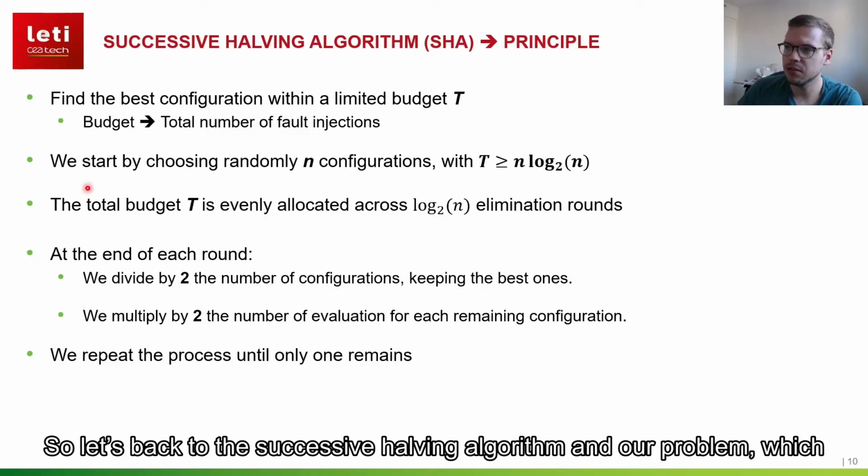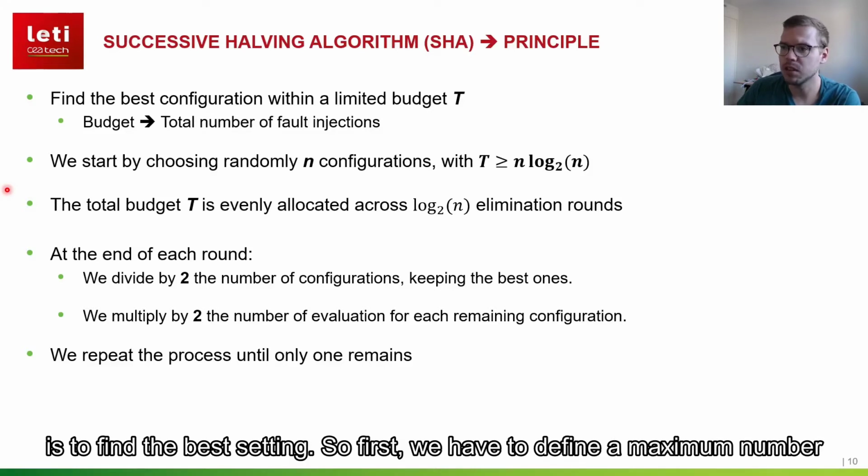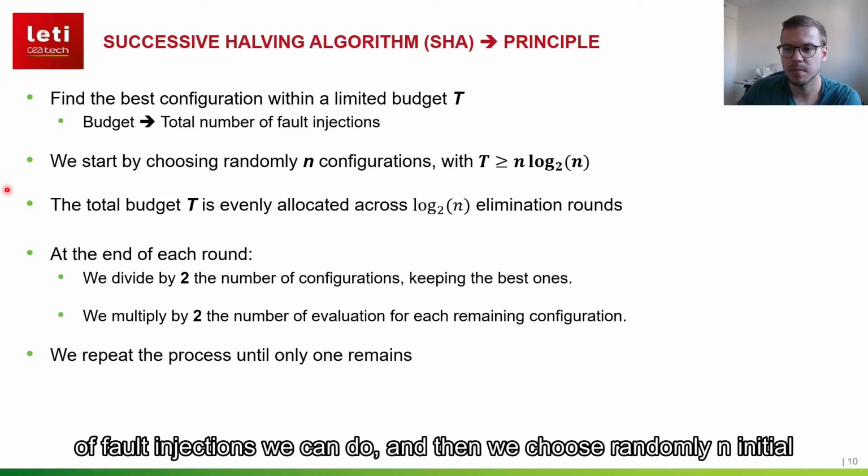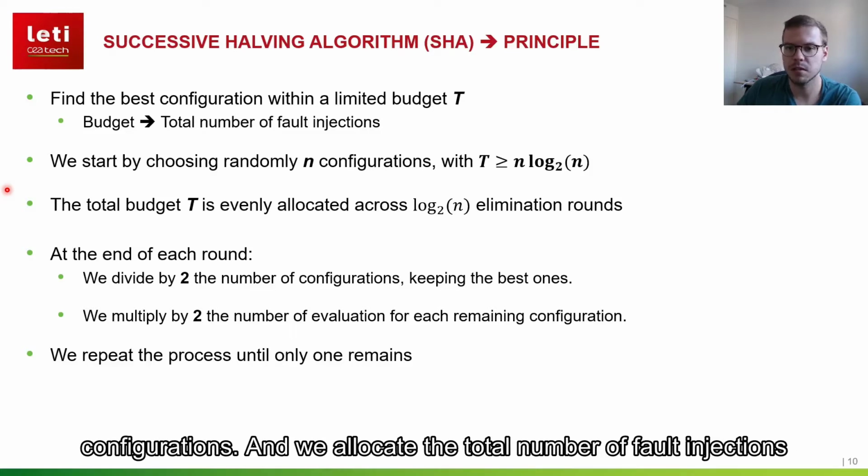So let's go back to the successive halving algorithm and our problem, which is to find the best setting. First, we define the maximum number of fault injections we can do, and then we randomly choose n initial configurations.